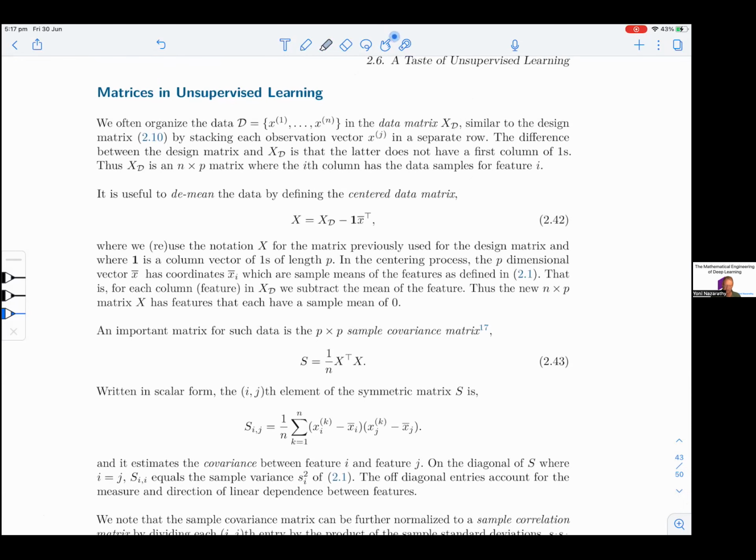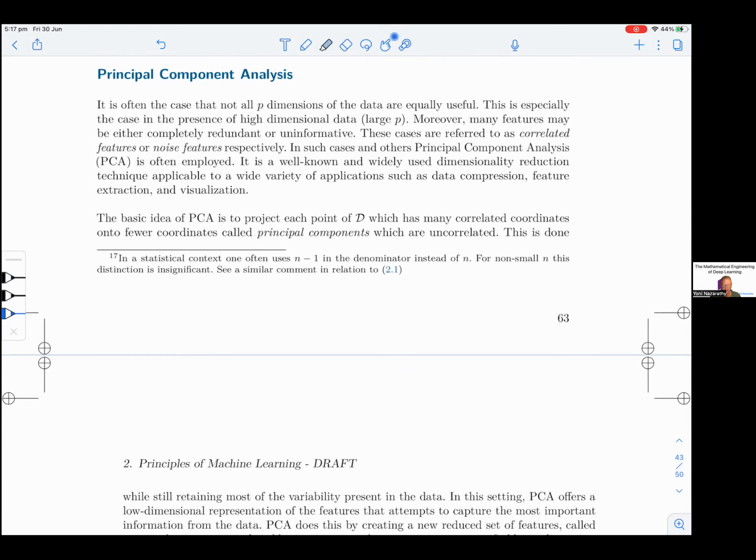Principal component analysis. It is often the case that not all p dimensions of the data are equally useful. This is especially the case in the presence of high-dimensional data, large p. Moreover, many features may be either completely redundant or uninformative.